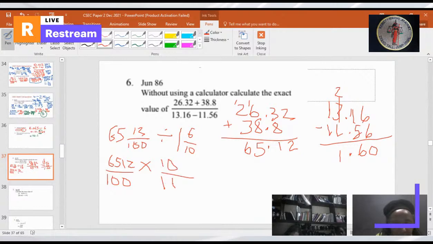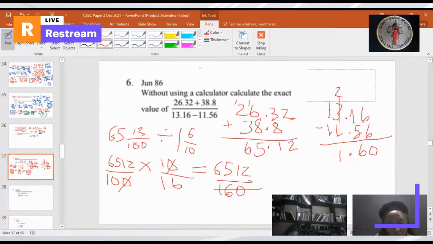And we know that that can cancel, right? Yes, miss. Okay, so cancel down that for me. 6,512 times 1 will give you 6,512, and 10 times 16 is 160. So 6,512 divided by 160. Reduce it. What can we try?